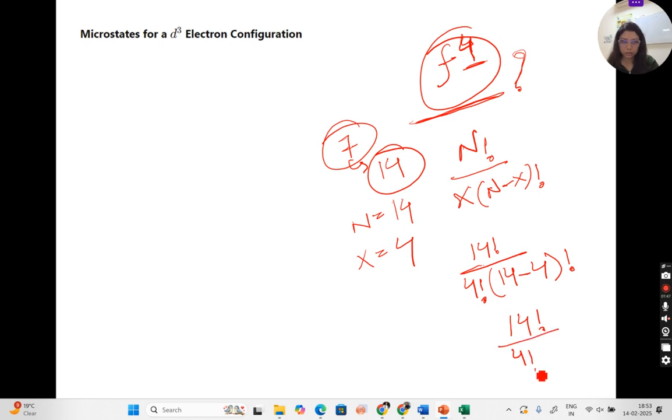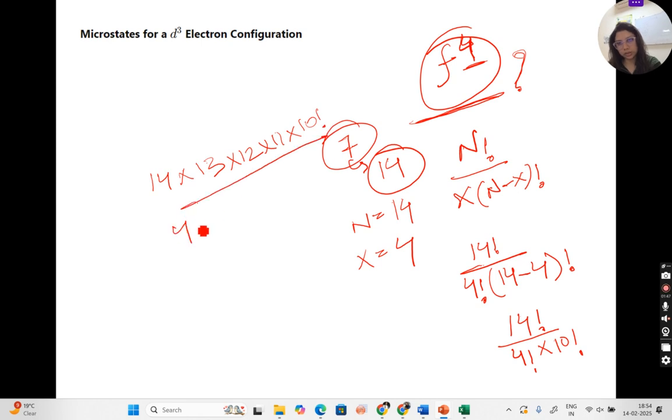We can write this as 14 into 13 into 12 into 11 into 10. We will keep this as 10 factorial, and below 4 into 3 into 2 into 1 into 10 factorial, so this 10 factorial will cancel out.